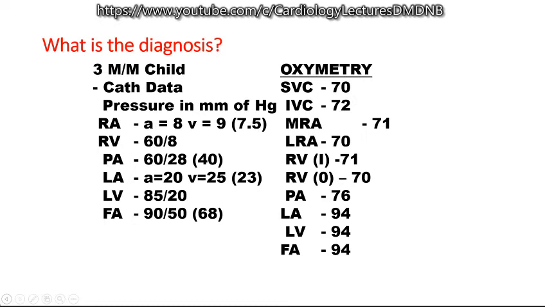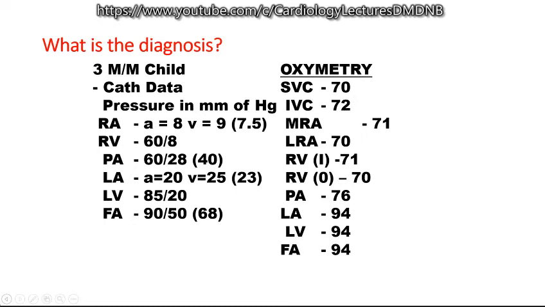Those patients with good communication between the right and left coronary arteries are less symptomatic. They are getting oxygenated blood to their myocardium, and they are less symptomatic. But those patients where there is no communication develop severe ischemia of the left ventricle, left ventricular failure, and mitral regurgitation.